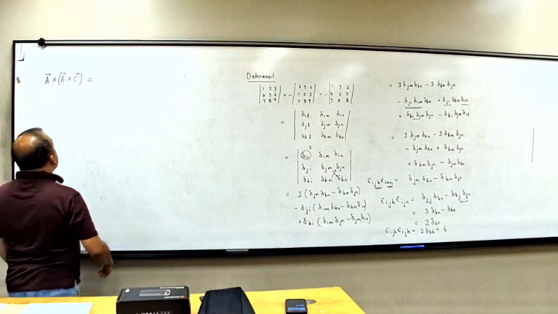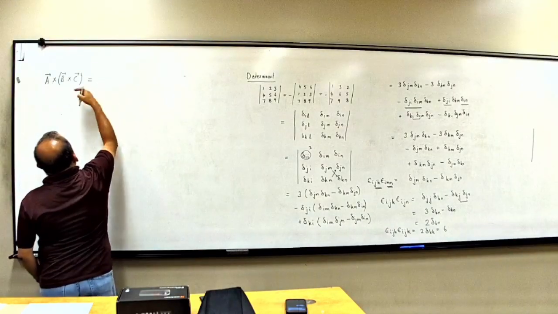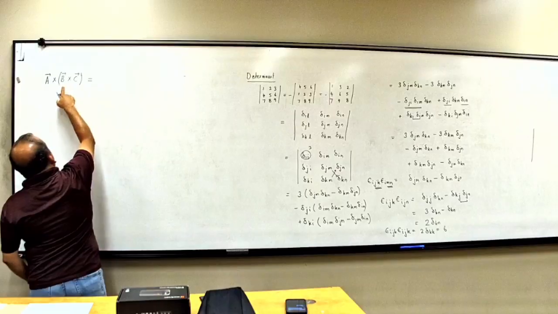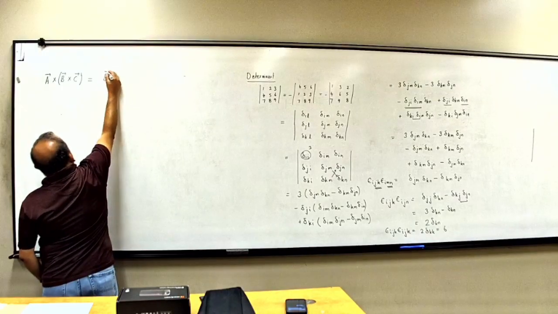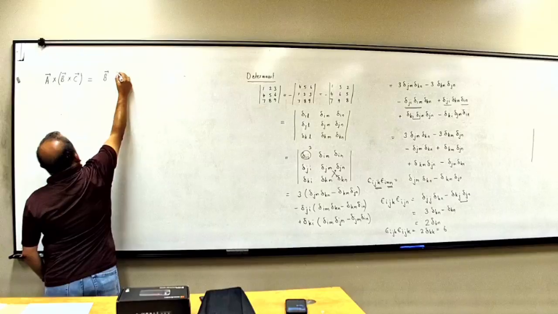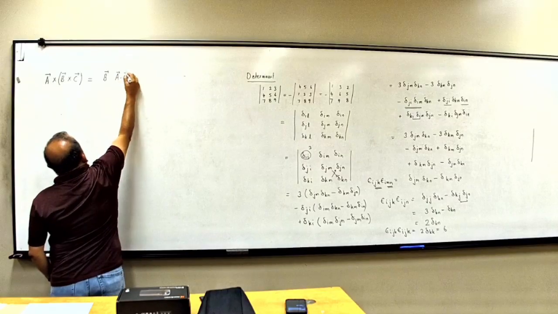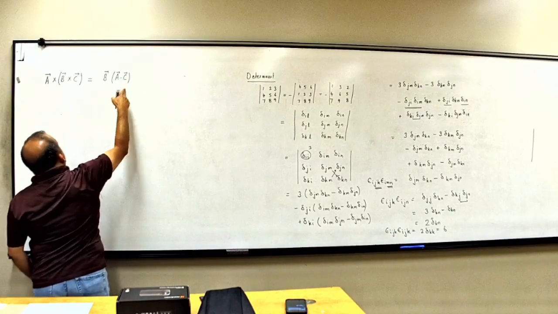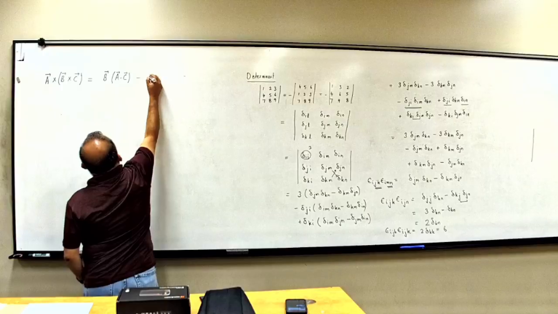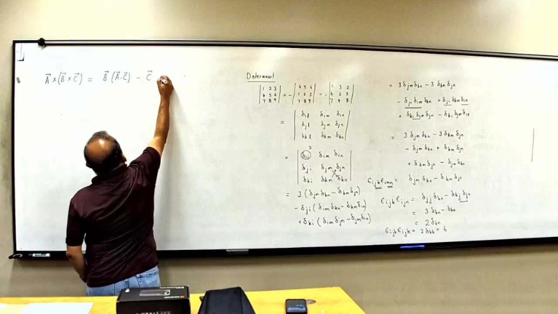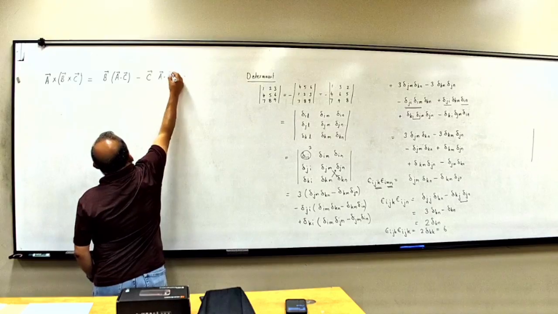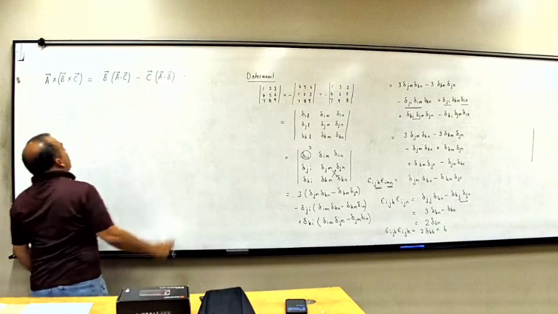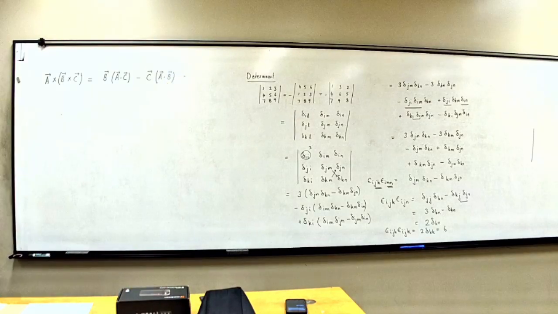So you remember it as back cab. That means B and C are going to be the free ones here. So this is back, so B times A dotted with C, right? And then there is a cab, so it's C and A dotted with B. Okay, so that's correct.